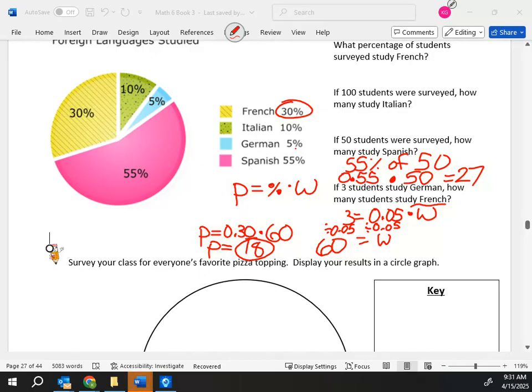Adeline? I got my answer, but I didn't... What method did you do? So I know that 5 equals 3, so I divided 30 by 5, and then I did 6 times 3, and I got 18. Yep, so Adeline's using her number knowledge. She knew that 5% was 3.